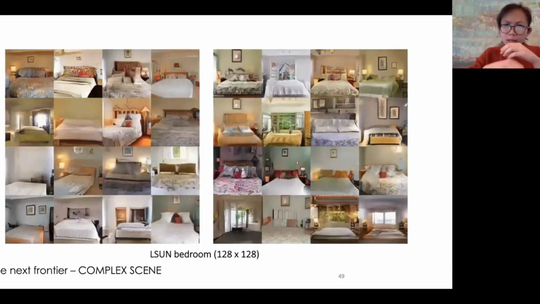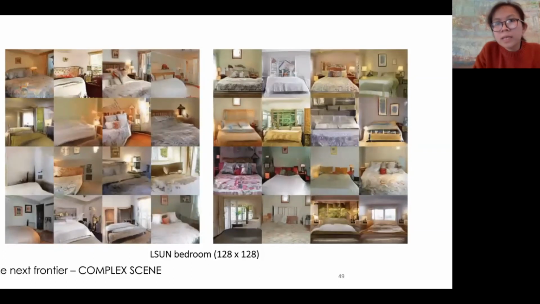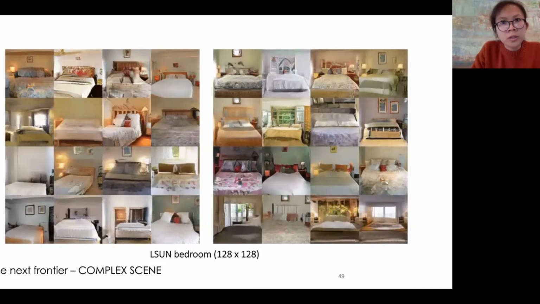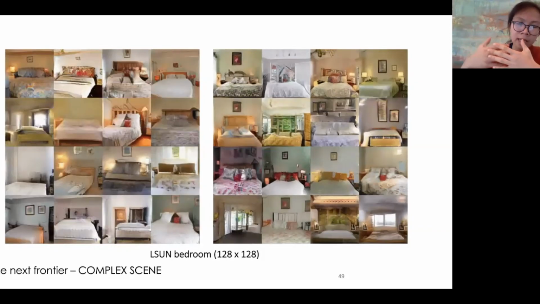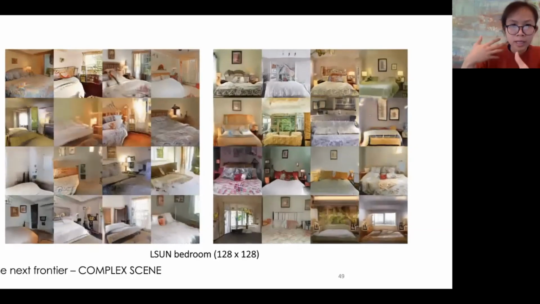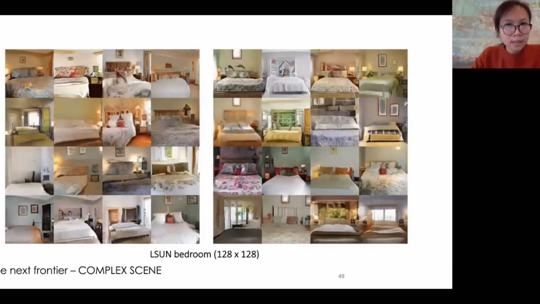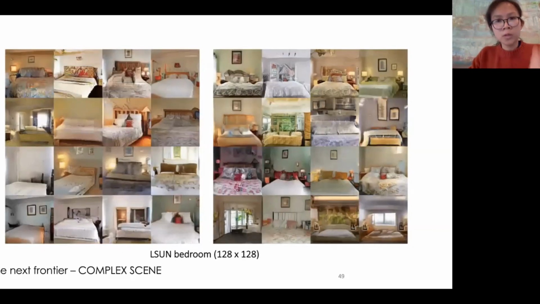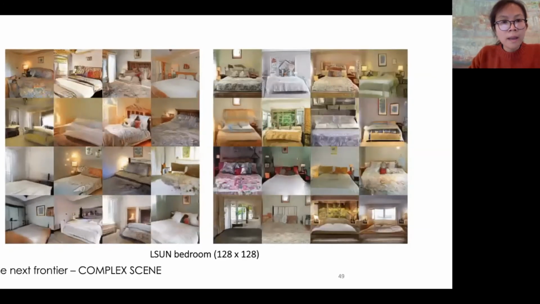While here, we can represent the whole bedroom scenes with a voxel grid of only 16 cubed spatial resolution. So it's super, super coarse. But because we have multiple channels, it can encode much more information in the representation, right? So it becomes a very expressive 3D representation that's learned directly from 2D images.